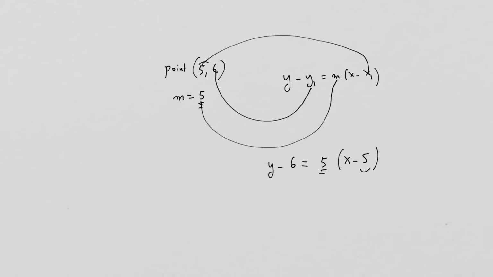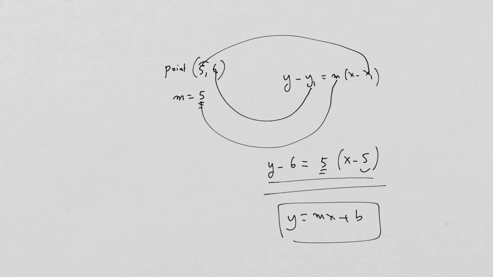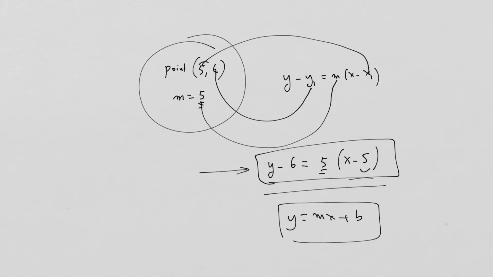Okay, I'm sorry, I should have picked a different number. Now, most kids like to write this like this, right? I don't know why. Why do you have to always resort to this form? This is perfect. There is nothing wrong with this. So if I say, give me the linear function that goes through this point and has this slope, you immediately say, okay, I have a point and I have the slope.